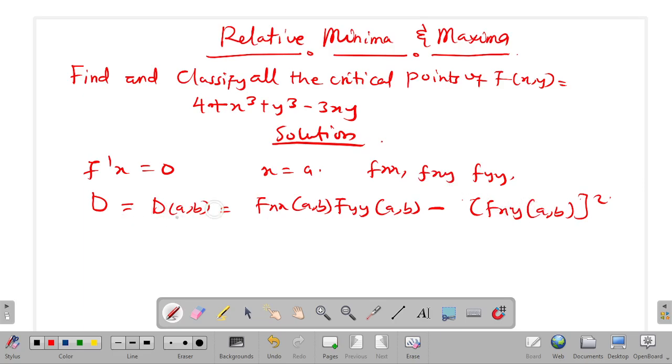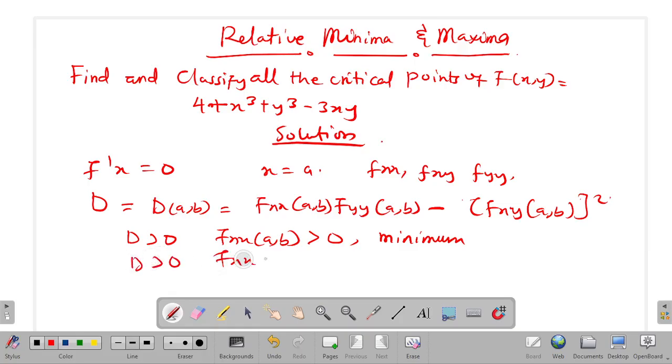So this determinant D is what we are going to use to help us classify the point. The algorithm says that if D is greater than 0 and fxx at the point (a, b) is also greater than 0, then you have a minimum. If D is still greater than 0 and fxx at the point (a, b) is less than 0, then you have a maximum.